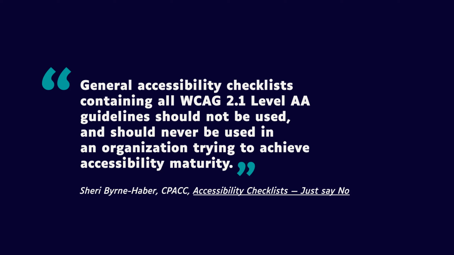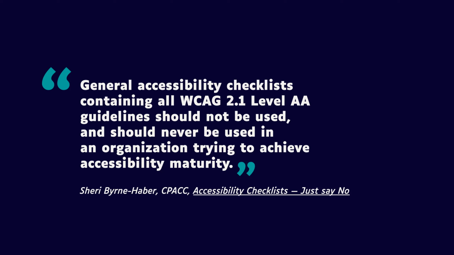So in this talk, I will try to understand why this criticism. But from my point of view, I can already tell you from my experience that it's coming more from how the accessibility checklist is crafted and used rather than the method itself.